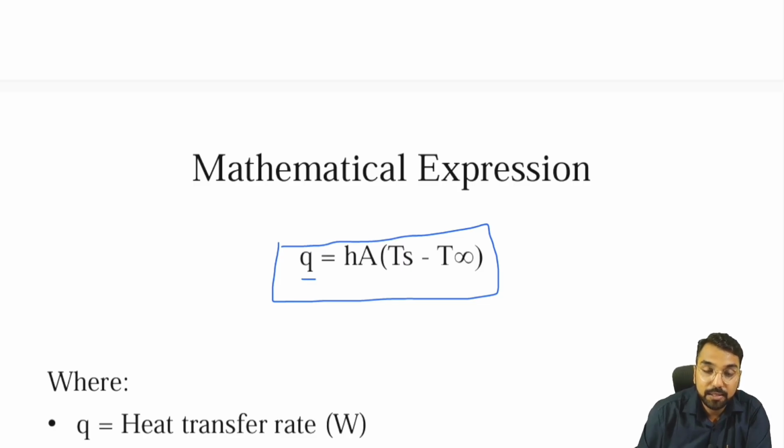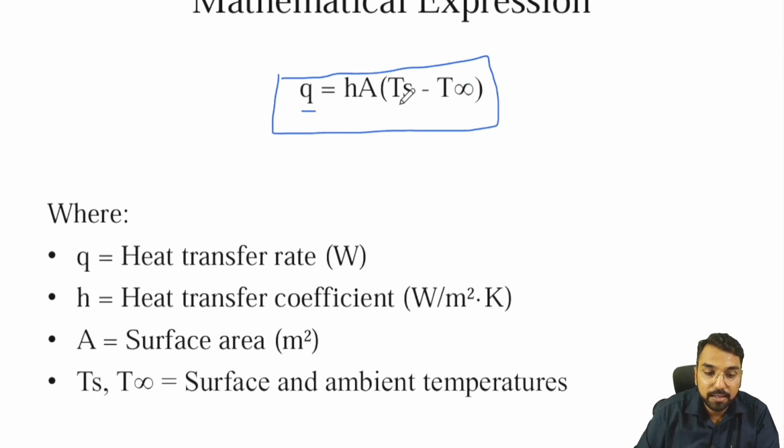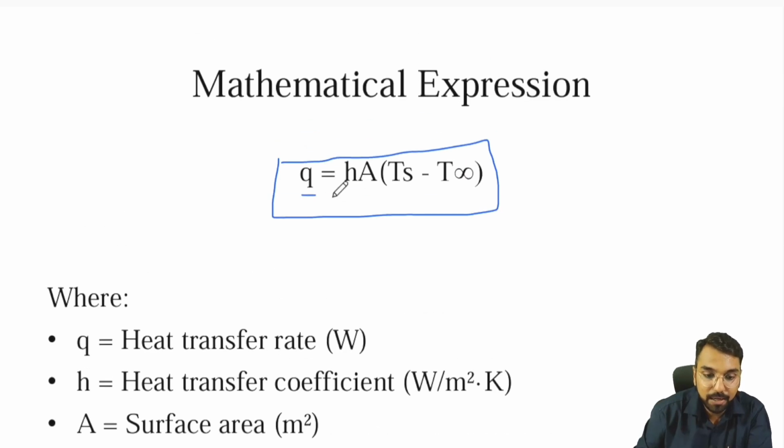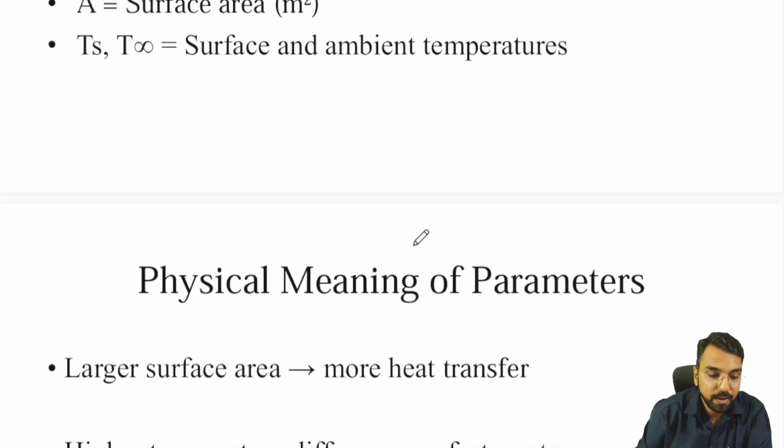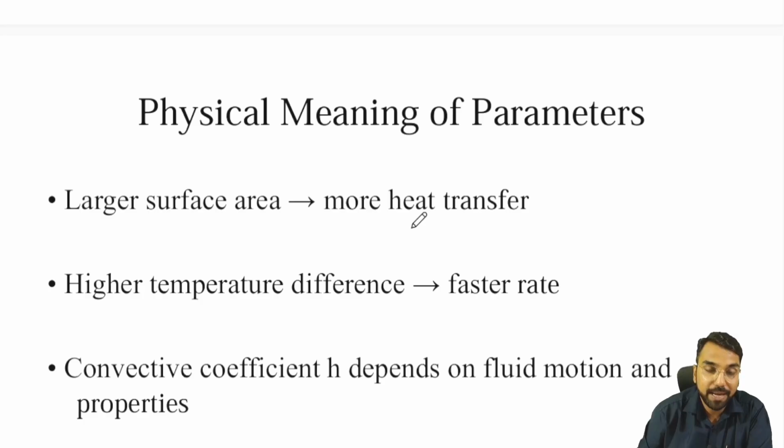A is the surface area through which the heat transfer takes place, and Ts is the surface temperature of that object. T infinity is the surrounding air or fluid temperature. So this is one simple mathematical equation, and we are going to see a simple numerical over this. So what is the physical meaning of these parameters?